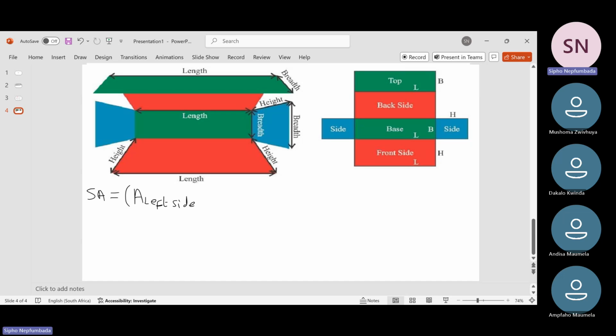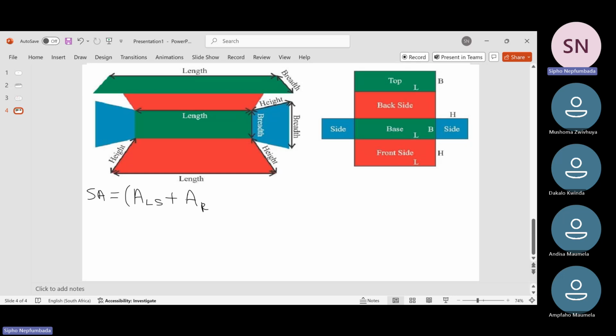Will you mind if I write left side as LS? Nope. Okay, thank you. This is the area of left side plus LS. It's better when you use LS. Okay, thank you.